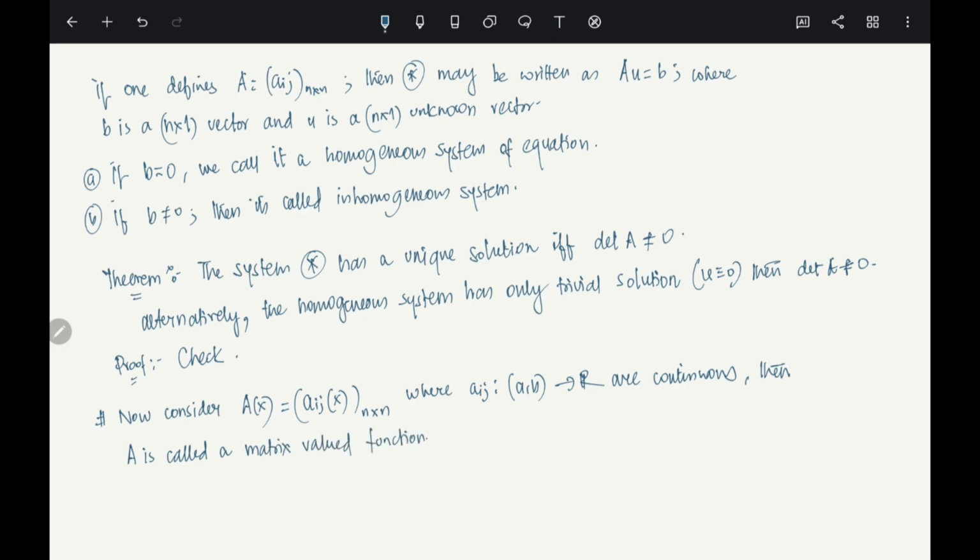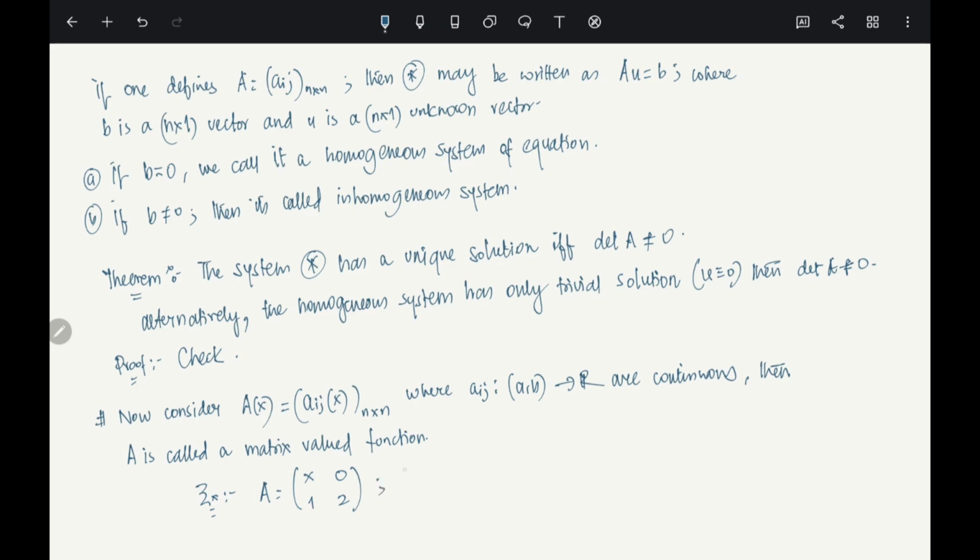A very simple example you can think of: let's say A is defined to be the matrix with rows (x, 0) and (1, 2). You see, it's not a constant matrix, because there is a variable x.